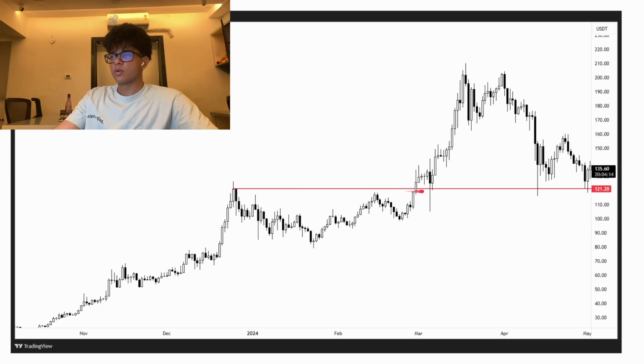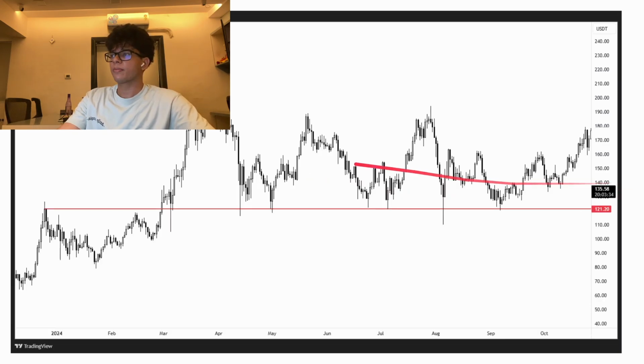But when resistance fails to resist the price and it goes up, it turns the resistance into support, right? Okay, moving on to the next setup. I'm going to talk about resistance to support. Same example here, it was the same resistance.